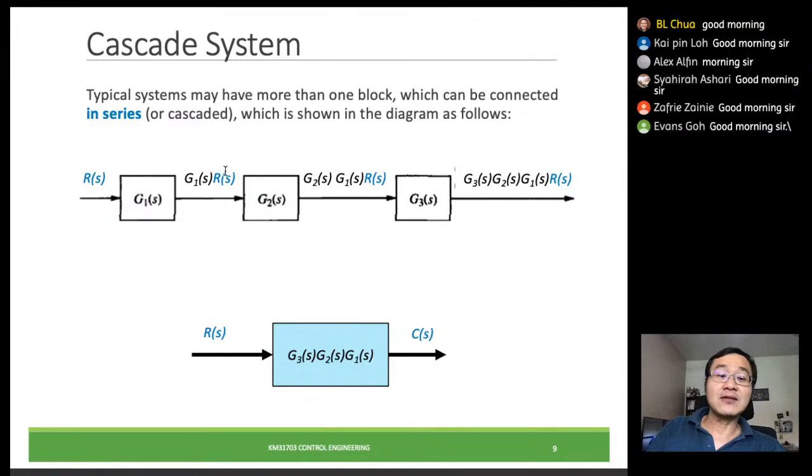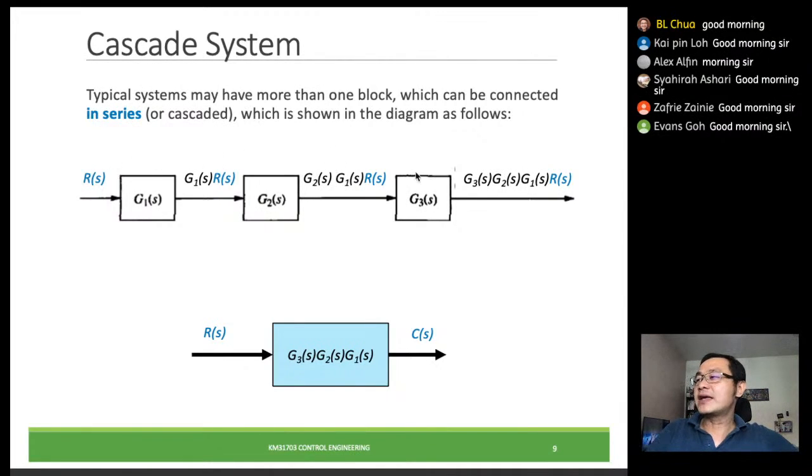We multiply by that, the signal being transformed, then this signal goes into the second block, where it is multiplied again with G2 and transformed, and further on it will keep cascading, transforming the signal by multiplying the transfer functions.